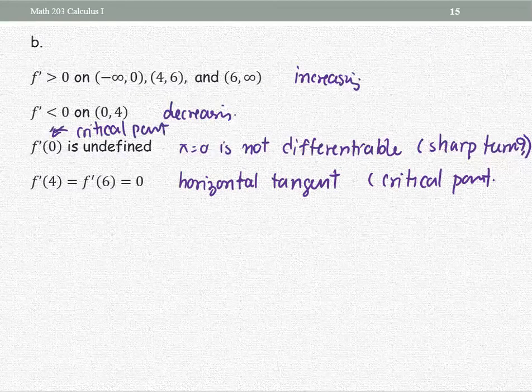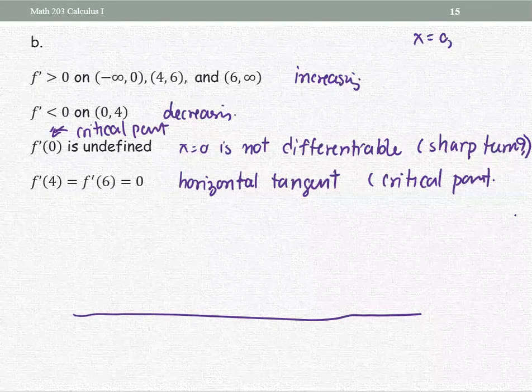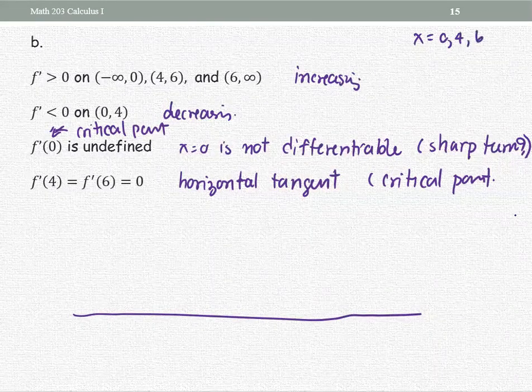Let's sketch the graph. The points of interest are at x equals 0, 4, and 6.